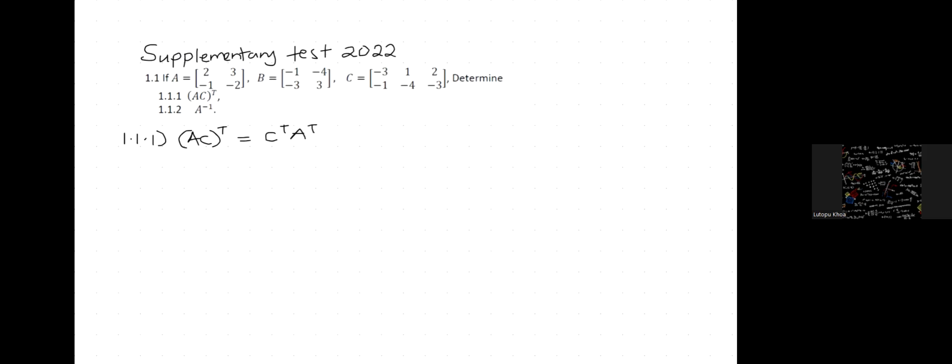Okay, so we can start by multiplying AC. So we put the two matrices together. We have 2, -1, 3, -2. And then here we have C, which is -3, -1, 1, -4, 2, and -3.